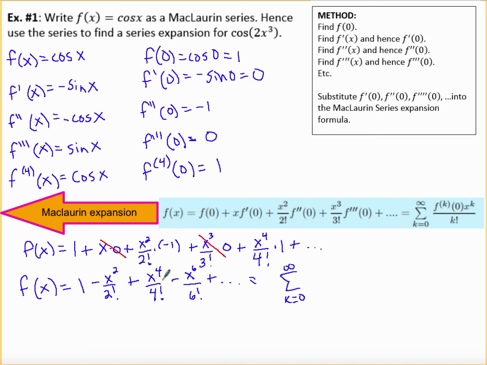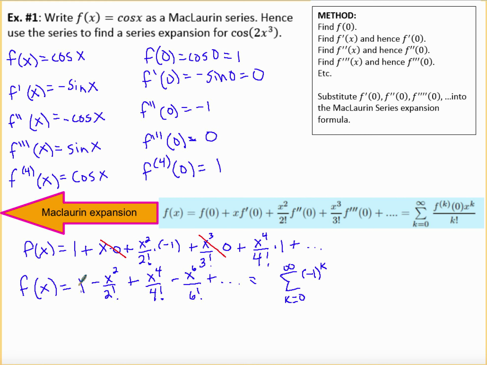What I see is that my signs are changing every time. So I know I'm going to have a negative 1 to the k power. The reason I'm going to have a negative 1 to the k power is because that's going to change my sign every time. If k is 0, then negative 1 to the 0th power is 1.